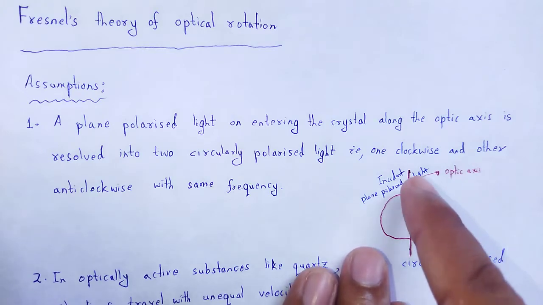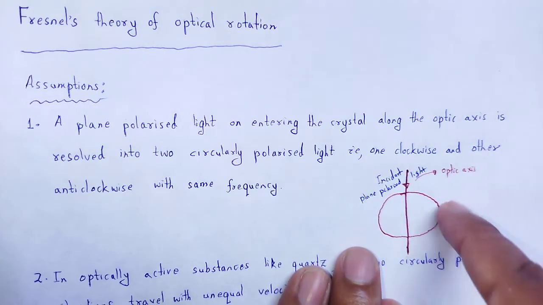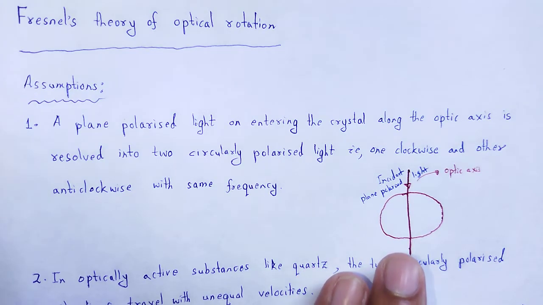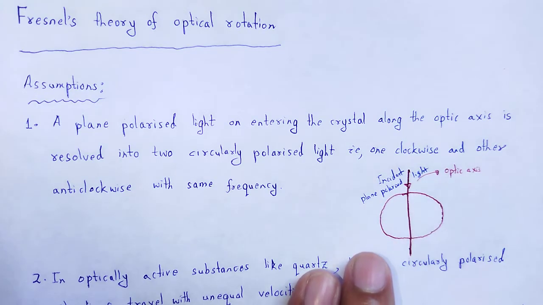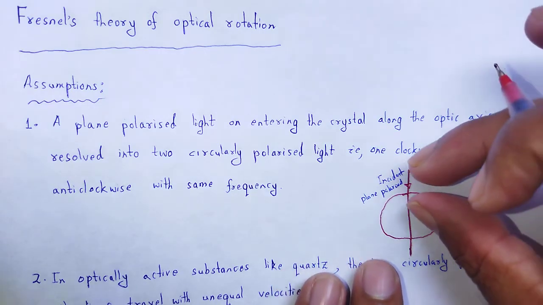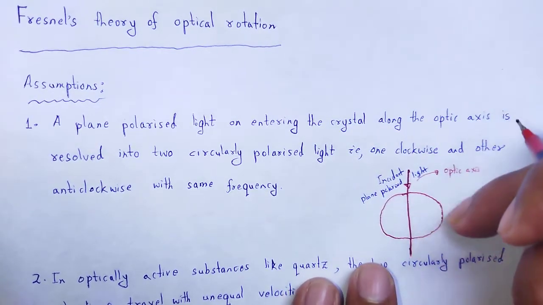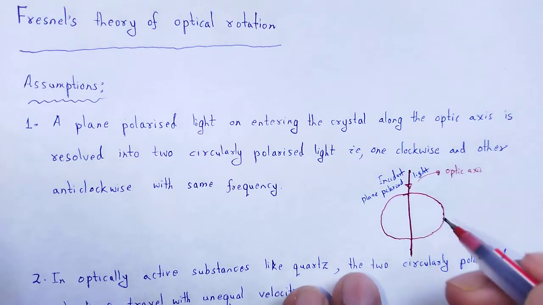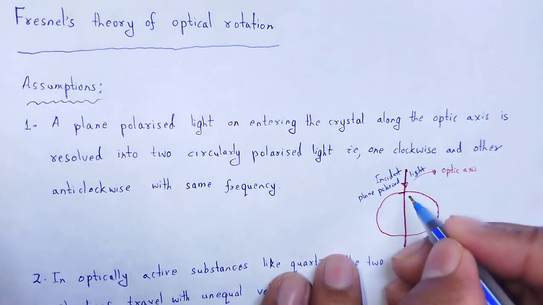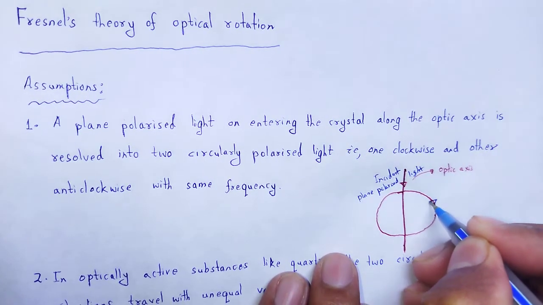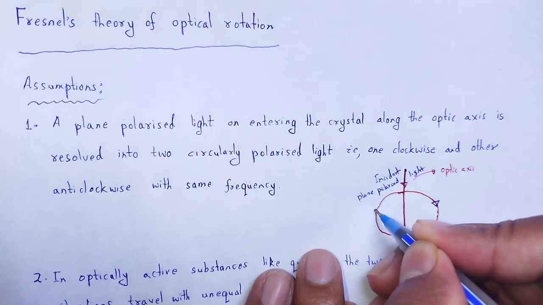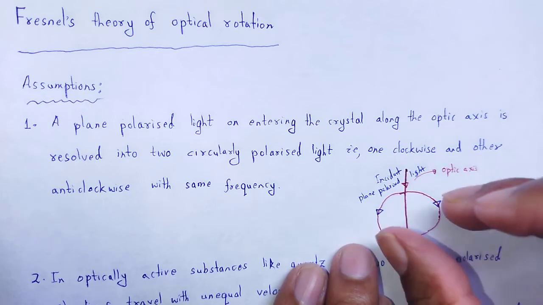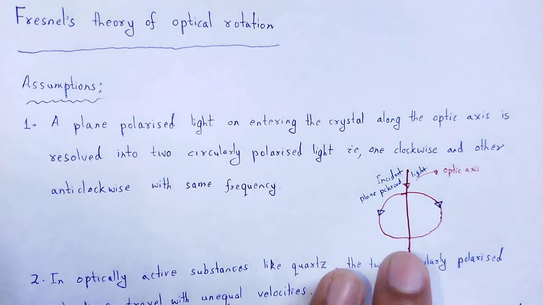According to FRESNEL, when plane polarized light is incident along the optic axis of an optically active crystal, the plane polarized light is divided into two circularly polarized components. One component is along the clockwise direction, another along the anti-clockwise direction, and these two components have the same frequency.